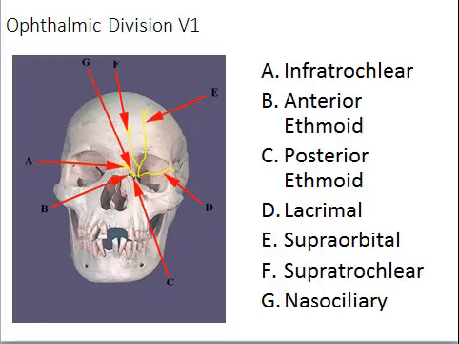The infratrochlear, the anterior ethmoid, and the posterior ethmoid are all divisions of G, the nasociliary. So let's look here. Where's G? So here's G, and then E and F branch off of the frontal. And then finally we have the lacrimal, D. So here is the lacrimal branch.